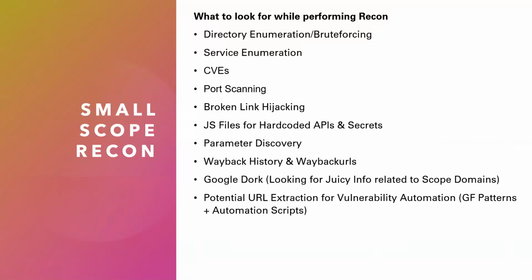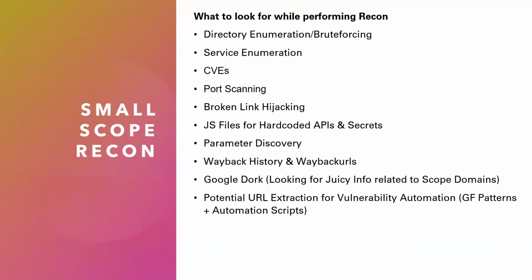Perform port scanning if it's in scope to check for other ports. Perform broken link hijacking. It's again like subdomain takeover, but here there might be some social media links or some third-party links which can be taken over. Look for JS files for hard-coded API secrets and credentials. Perform parameter discovery and automate for XSS and other tools.